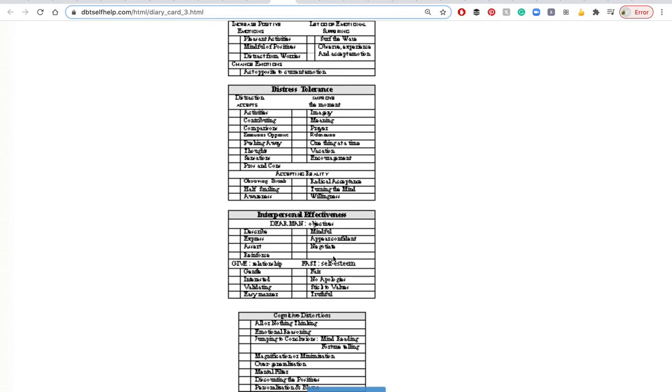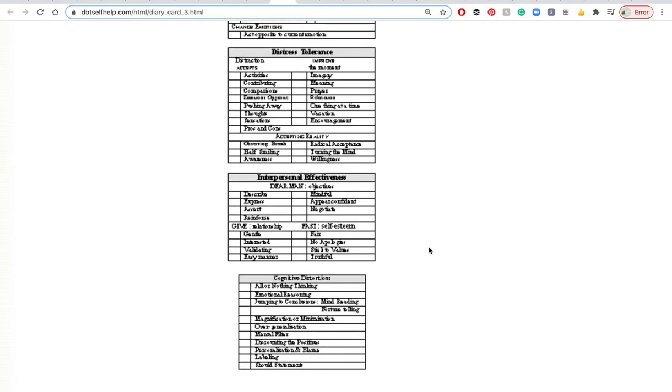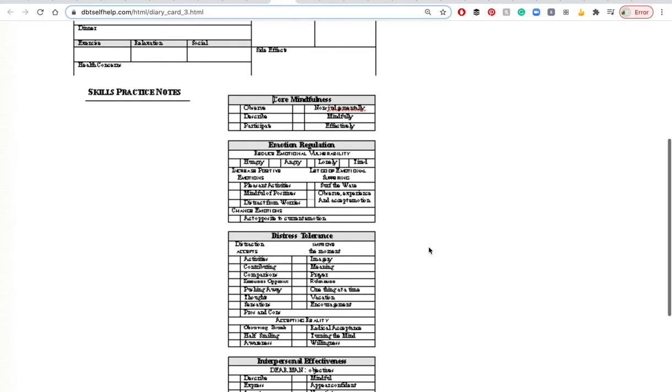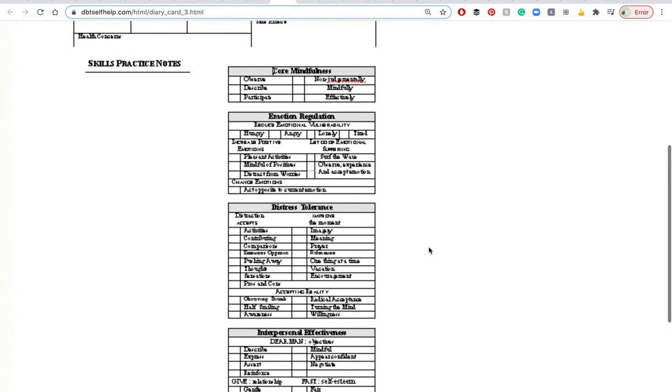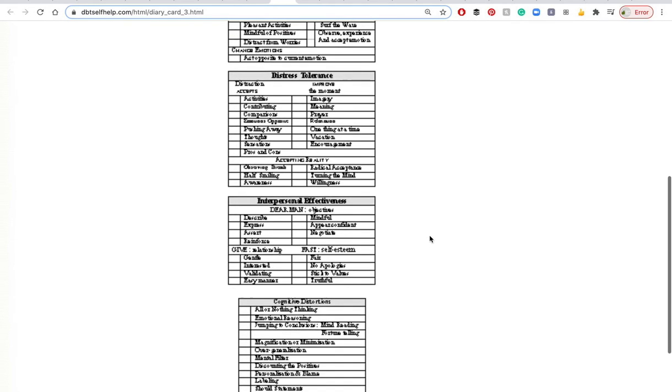For some people, it's good to have the skills on their page because they're able to remember them quicker, as opposed to looking at an abbreviation and being like, what the I was, and then having to look it up or spending more time or saying, I'm in a rush and I can't do this right now. So this is another option.